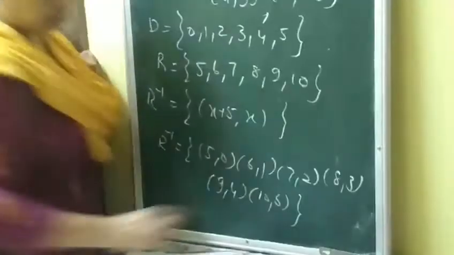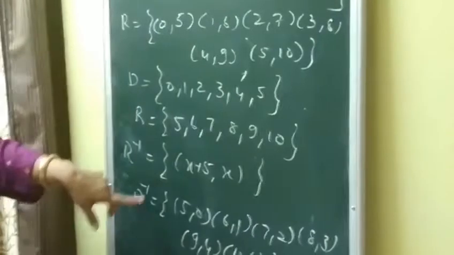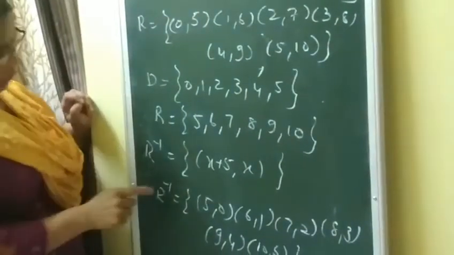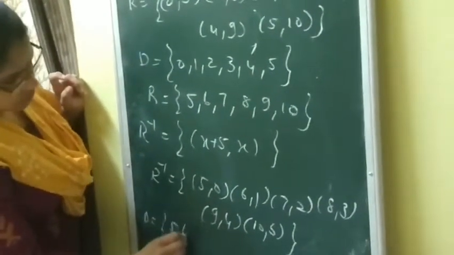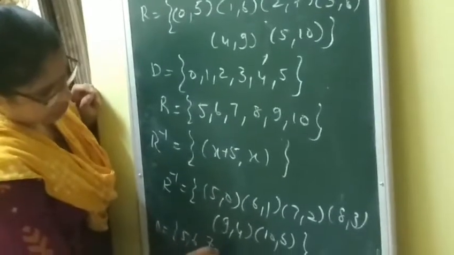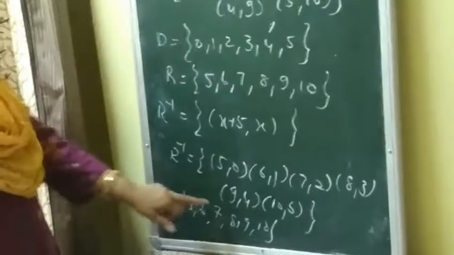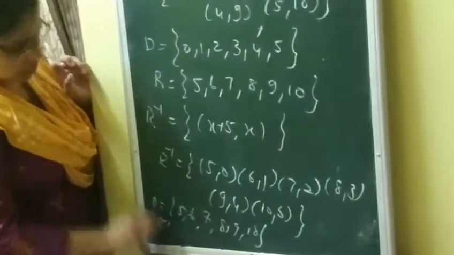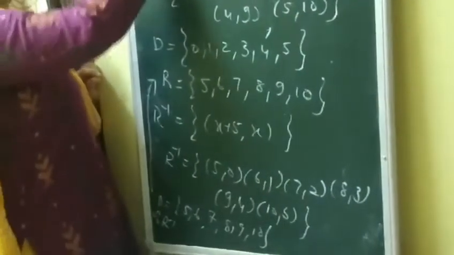Now compare what I told: domain of R is equal to range of R inverse, range of R is equal to domain of R inverse. See, what is the domain of R inverse? Taking the first elements: 5, 6, 7, 8, 9, 10. That is the range of R. So the domain of R inverse is equal to the range of R. Now, what is the range of R inverse? कौन सा element लेना है?